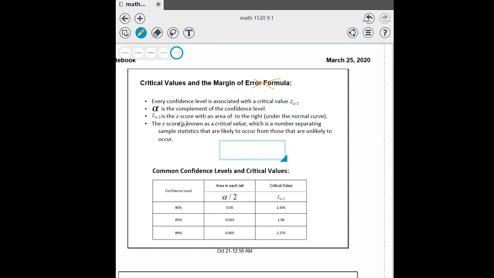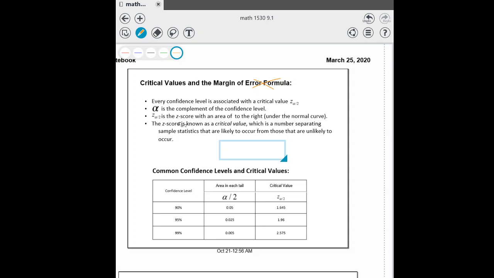But every confidence level is associated with a critical value, Z alpha over 2. Alpha is the complement of the confidence level. So if your confidence level is 90%, that means alpha is 1 minus 0.9, which is 0.1 or 10%. Okay? You guys remember in the last section that Z alpha was a notation that meant the area to the right.